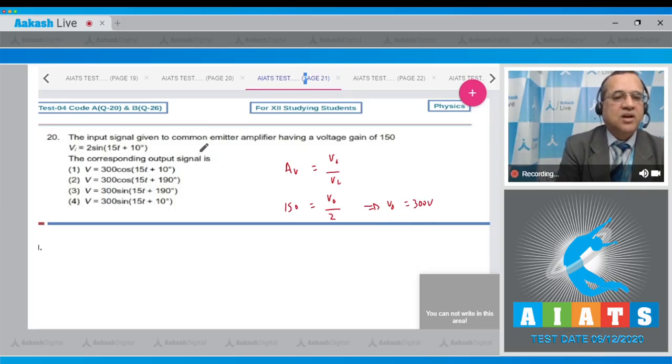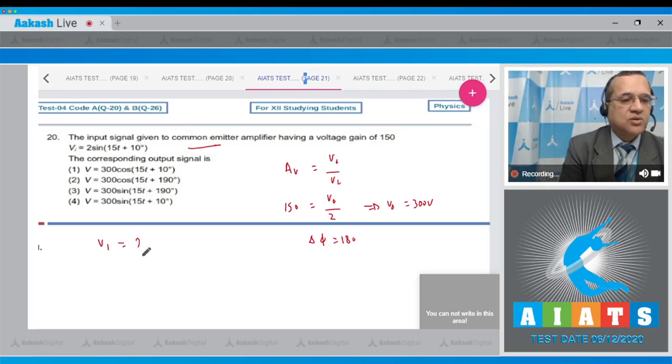Now it is a common emitter amplifier, and in a common emitter amplifier the output goes 180 degree out of phase. Therefore, you get an additional phase of 180 degree. And see, the input equation was equal to 2 sine of 15t plus 10 degree, where 15t plus 10 is the phase.